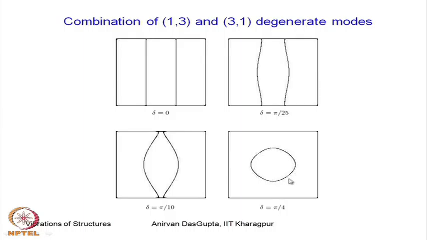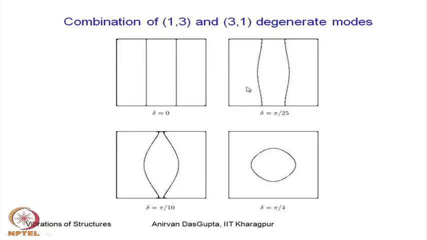gives us a nodal curve which is like this, and this changes for if you increase further to this, but rotated, then this rotated, and then this rotated, which means the nodal lines will be horizontal for delta equal to pi over 2.